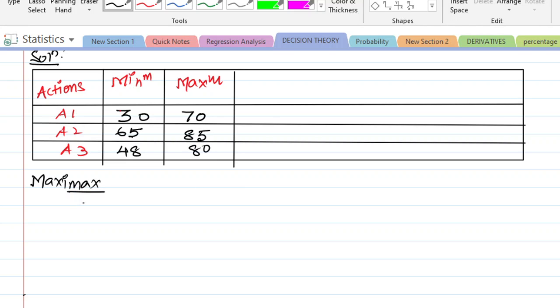This word represents the column and this word represents the value. It means from the maximum column, I have to identify the maximum value.